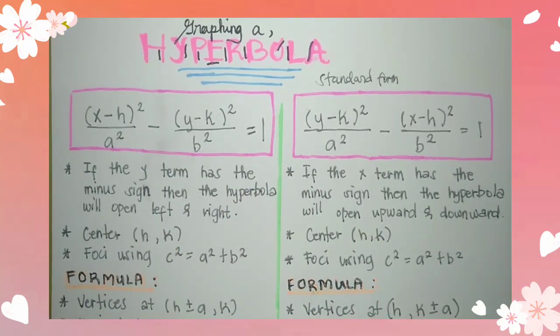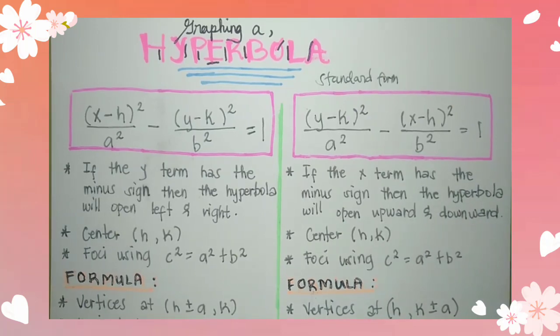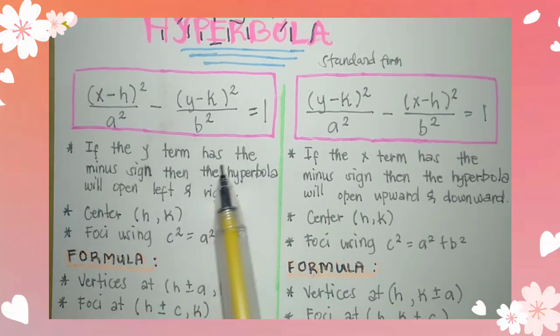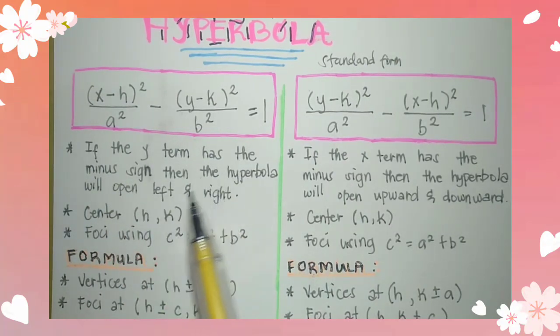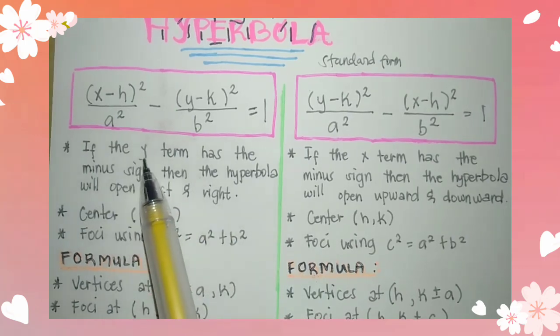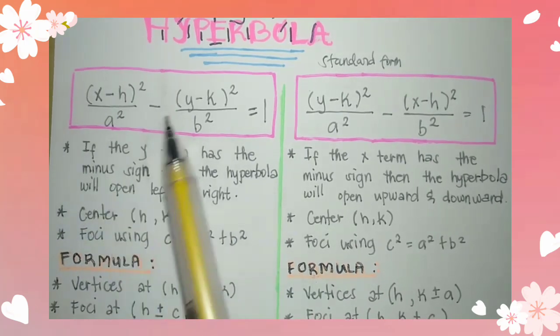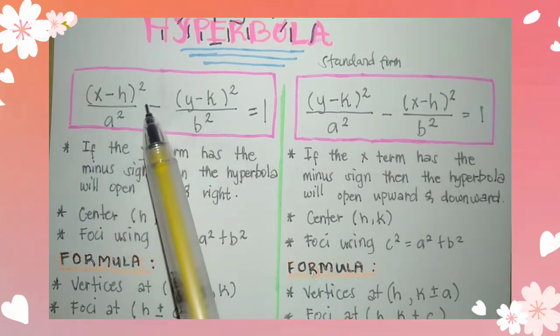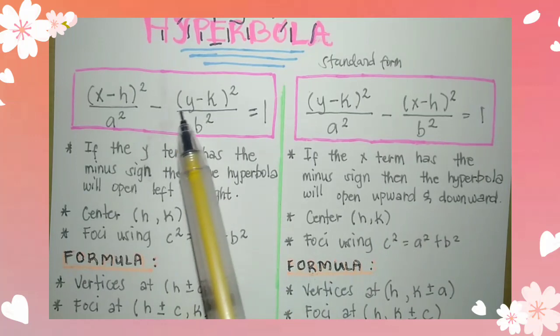And mayroon tayong mga conditions na dapat alam natin in graphing a hyperbola. Like for example, first condition is that if the y term has the minus sign, then the hyperbola will open left and right. Kapag daw yung y term, yung may minus sign, ayan. Take a look at this. Nauna si x, and then minus, si y term yung may minus sign.